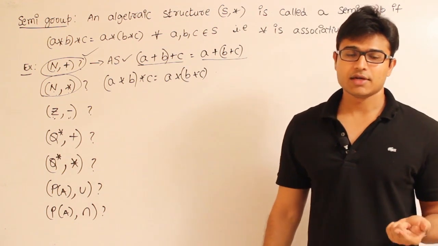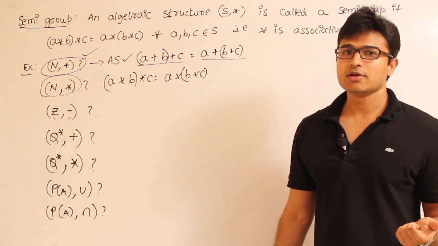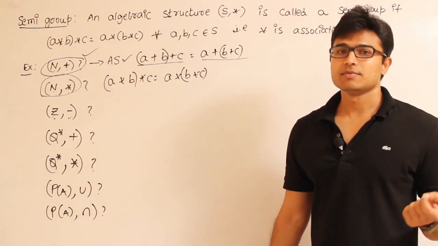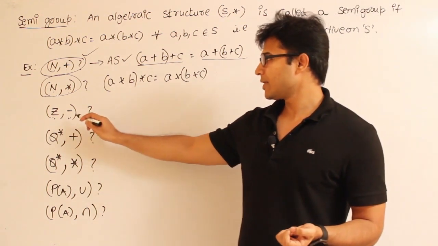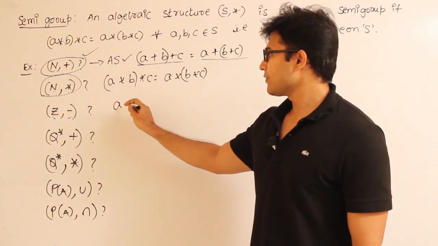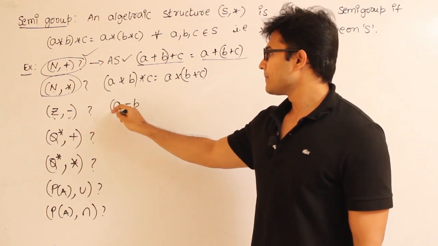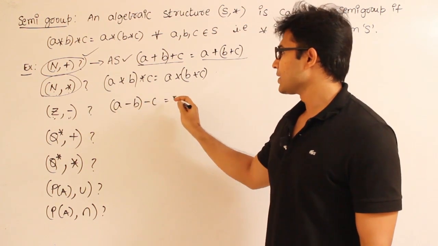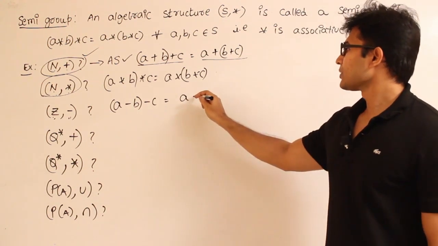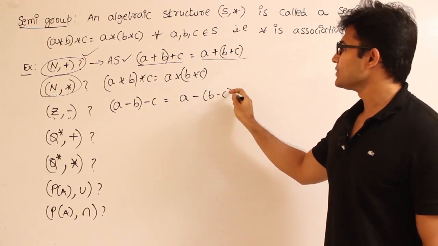Next you should see whether it is a semigroup or not, which means you should identify whether subtraction is associative or not. So if I have (A minus B) minus C, is it equal to A minus (B minus C)?